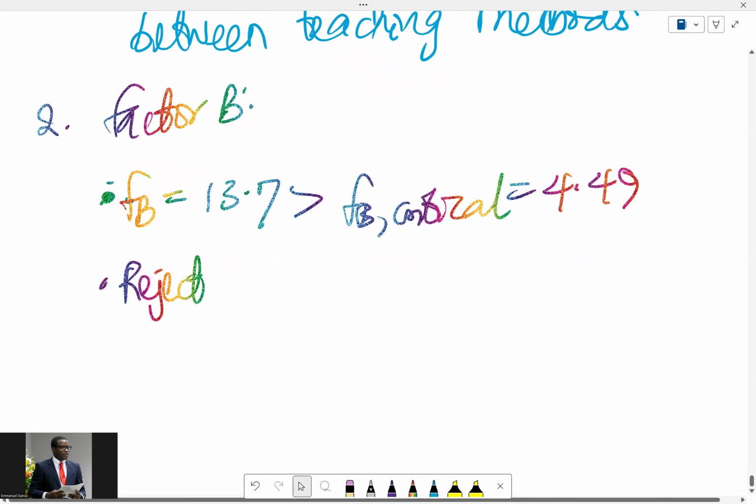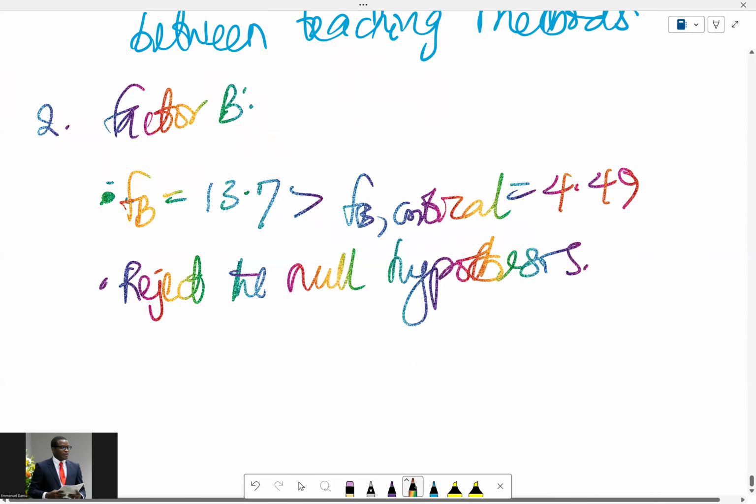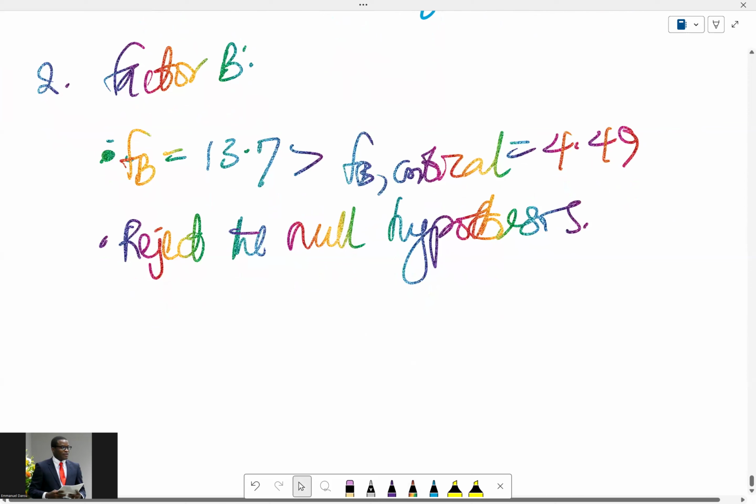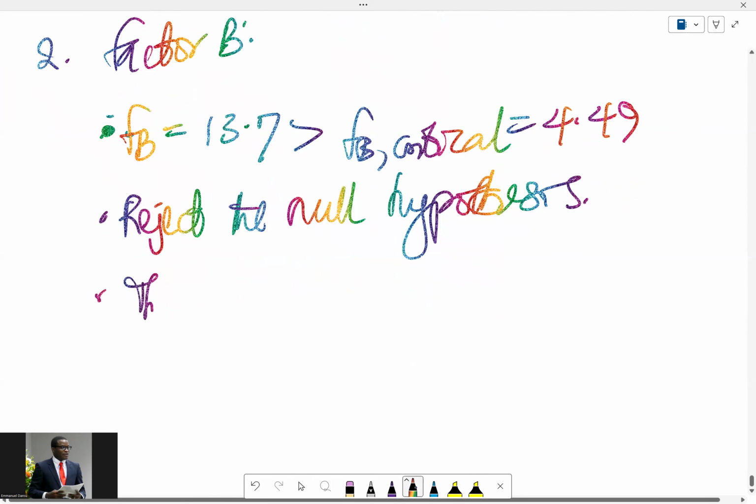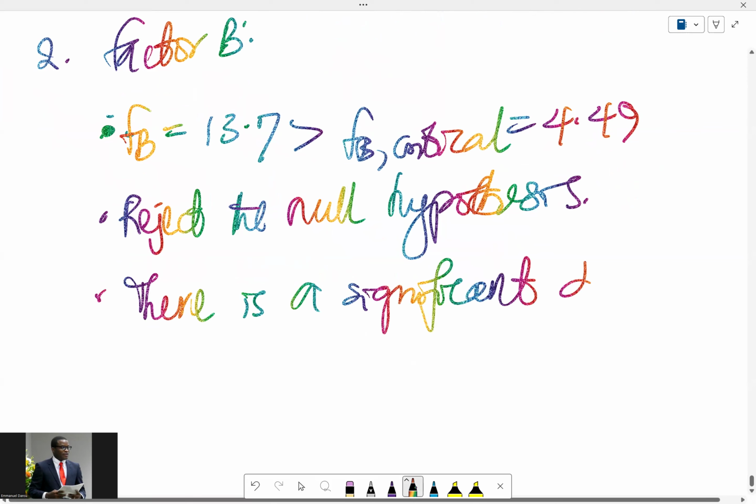So here, because the test statistic is greater than the critical value, again we reject the null hypothesis. And what that simply means is that there is a significant difference between class types.